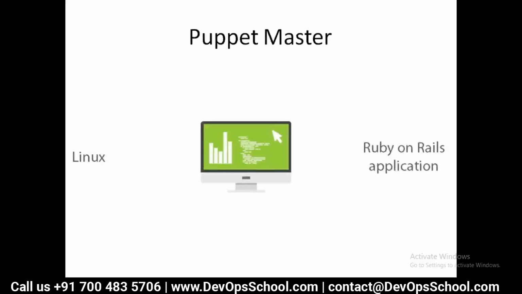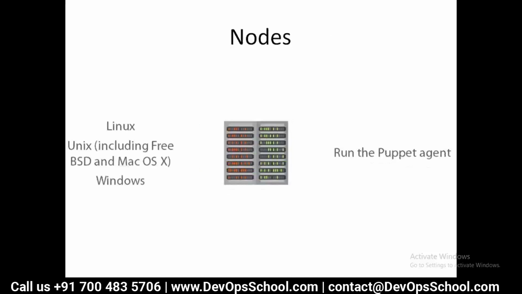Puppet master always has to be a 64-bit Linux machine, and Puppet master has been developed using Ruby on Rails applications. Whereas Puppet nodes have been developed using Ruby again, but they work on different platforms.